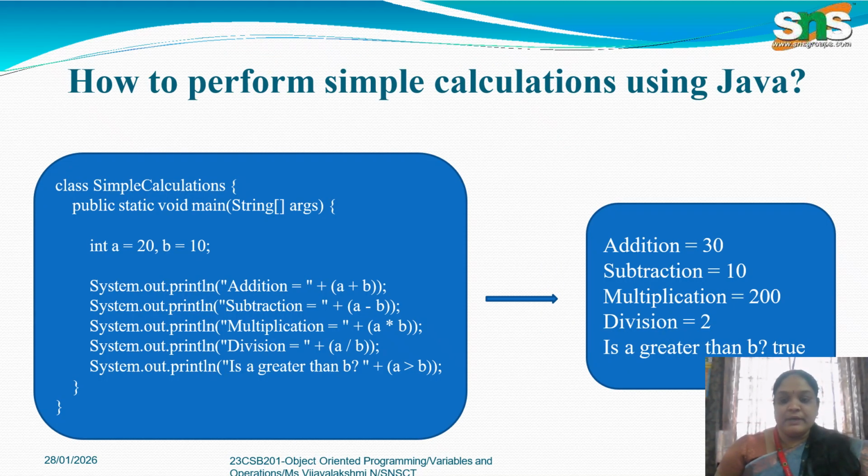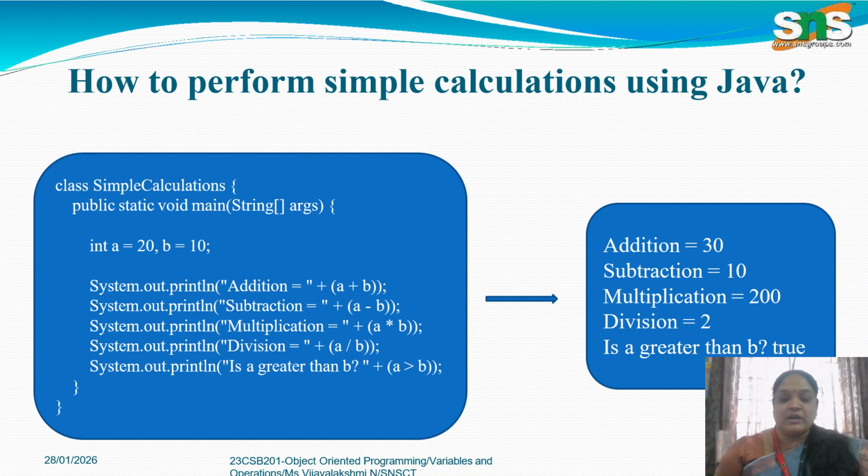Here's a simple example of a calculation performing arithmetic operations. Here we have shown addition, subtraction, multiplication, and division. Starting from the main program, we have declared two variables, int a is equal to 20 and b is equal to 10, and the output of each println statement is: addition is 30, subtraction gives 10, multiplication is 200, and division is 2.